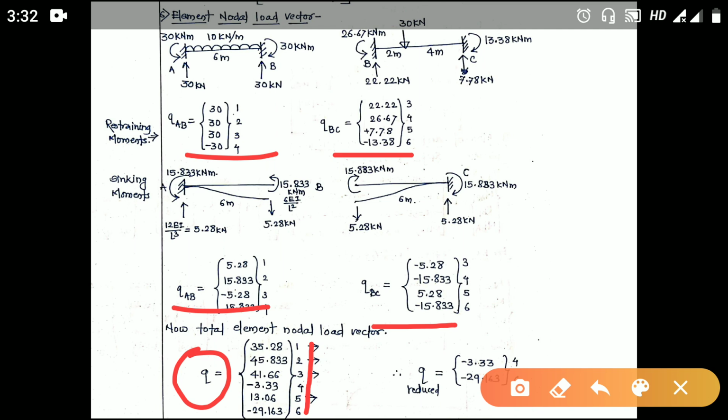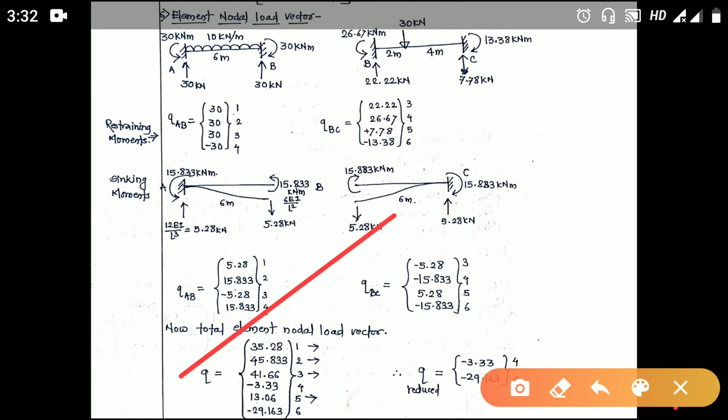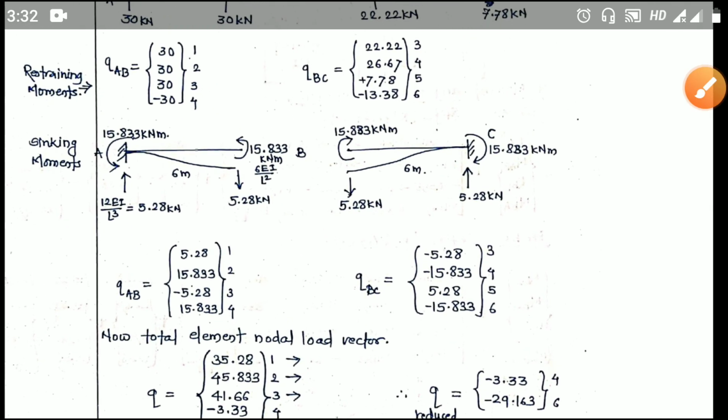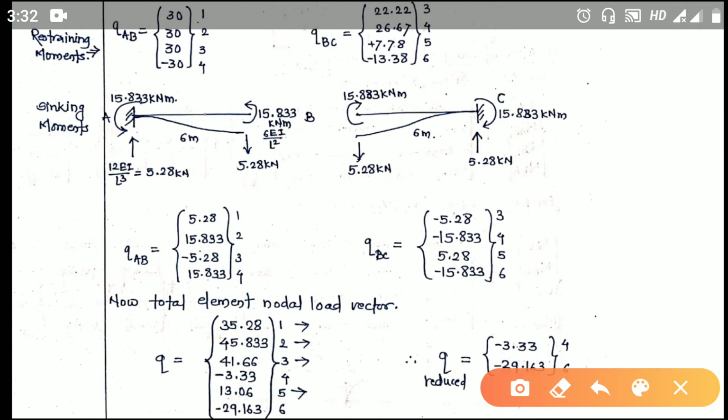So here, the very first one that you have to write is this 1 and 1, from QAB of the restraining moment and the first element from QAB of the sinking moment.